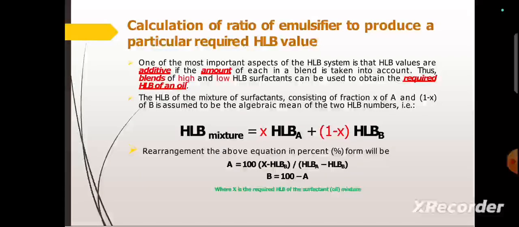The HLB of a mixture of surfactants consisting of fraction X of A and 1 minus X of B is assumed to be the algebraic mean of the two HLB numbers.